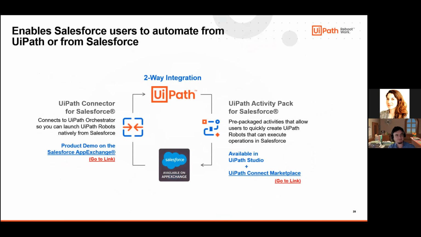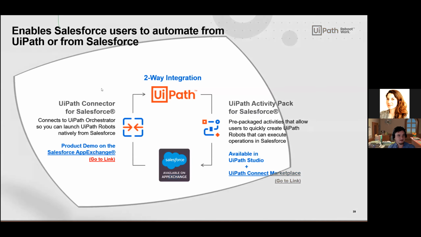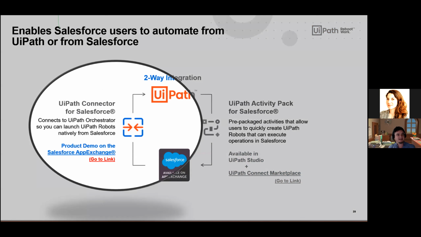So this is the way you can integrate. And what we explicitly did for Salesforce is a two-way integration. As already mentioned, there are two ways to integrate, and that's what we did for Salesforce. The first thing is our Salesforce Connector. The Salesforce Connector is hosted on our Salesforce App Exchange.